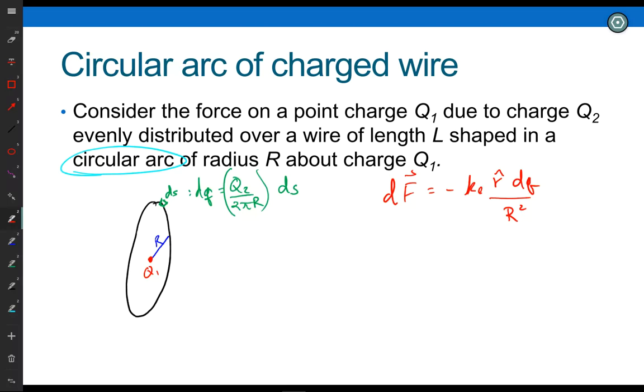I forgot, r hat is what again? R hat is the unit vector that's pointing from A to B. In this case, it's the unit vector pointing out, from Q1 to where dQ is.